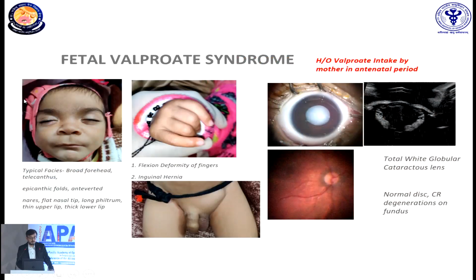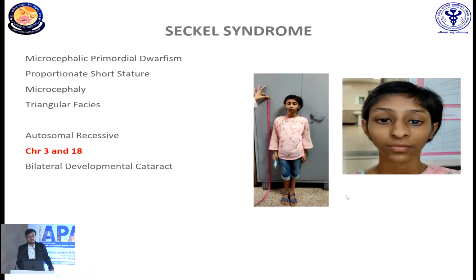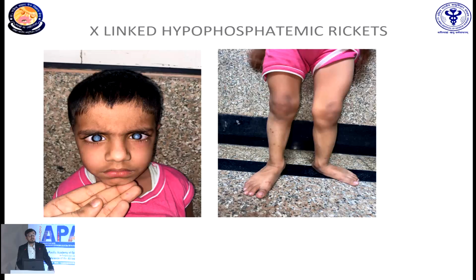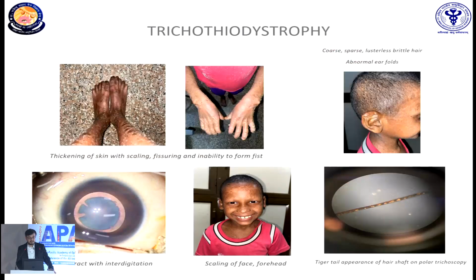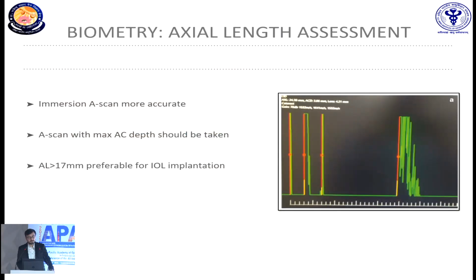Then this one with fetal valproate syndrome has anteverted nares, broad forehead, telecanthus, flat upper lip and thick lower lip, and inguinal hernias. Sickle syndrome, X-linked hypophosphatemic rickets, and trichothiodystrophy recently picked up with a tiger tail appearance of a hair shaft on polarized trichoscopy.